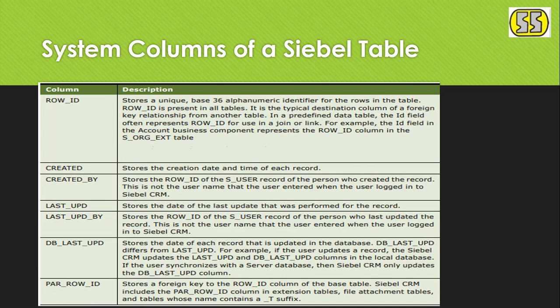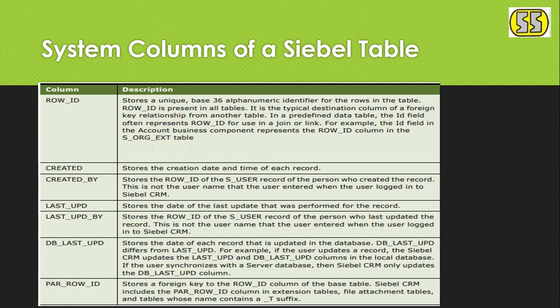Whenever we create a table, a couple of columns are created by the system, and their values are also populated by the system. The user doesn't have any interaction with the system columns. The user never fills the system column values. System columns are created by the system and populated by the system.